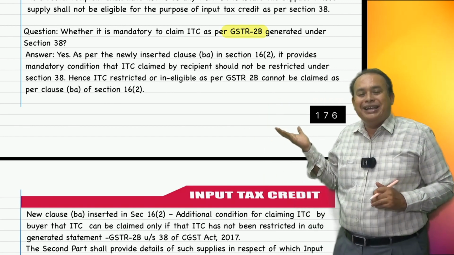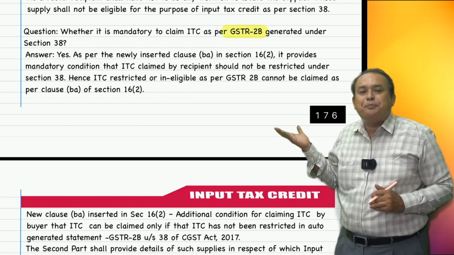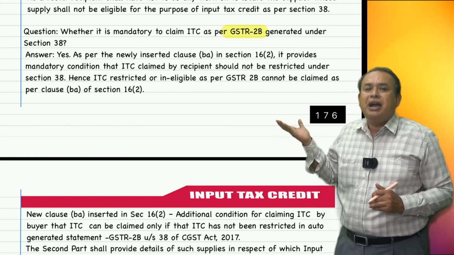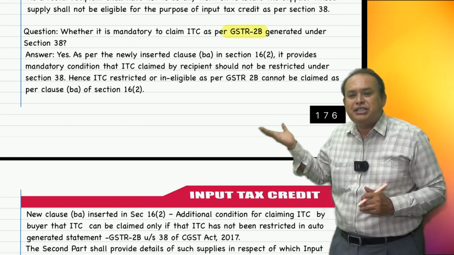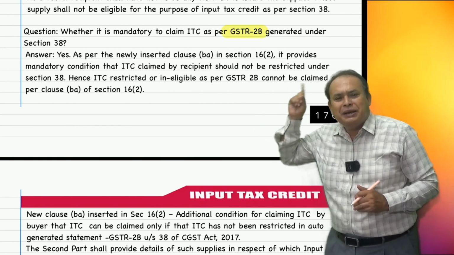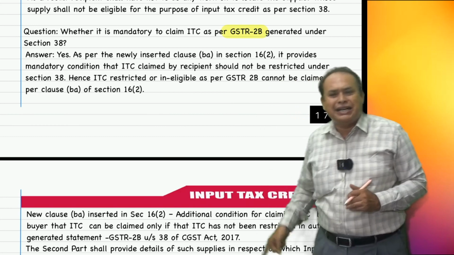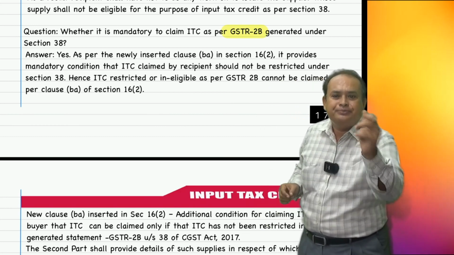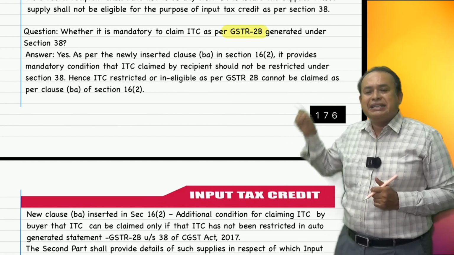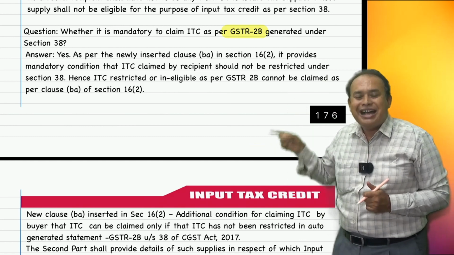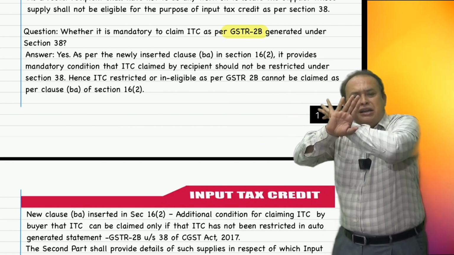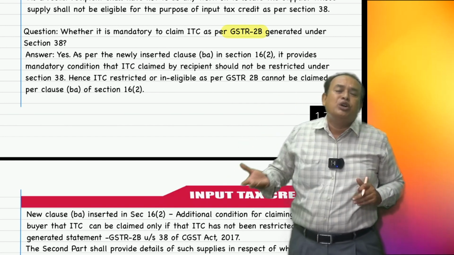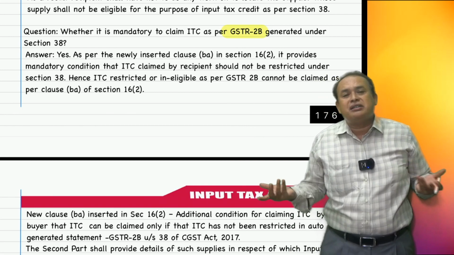As per the newly inserted section 16, subsection 2, clause BA of the CGST Act, it is a mandatory condition that ITC claimed by the recipient should not be restricted under section 38. It should not be in the second part of the GSTR 2B. Hence, ITC restricted or ineligible as per the GSTR 2B cannot be claimed under section 16(2)(ba).